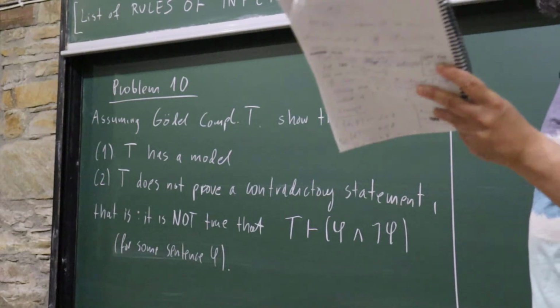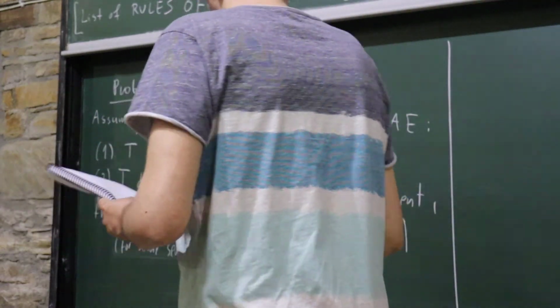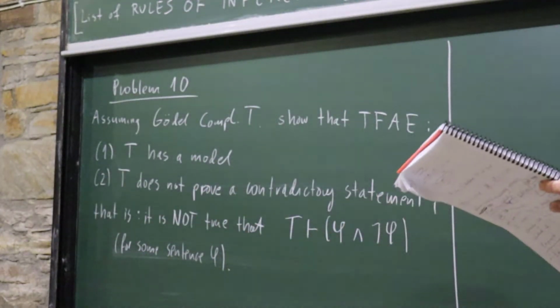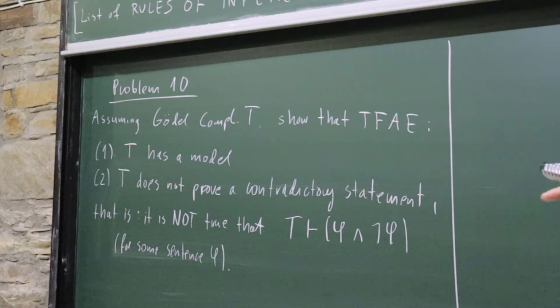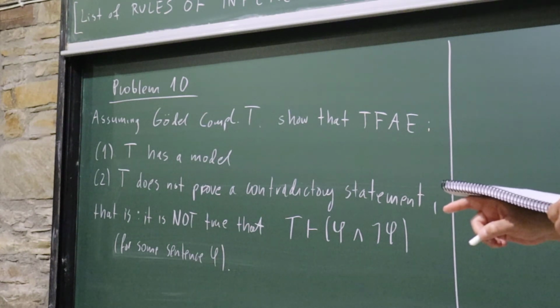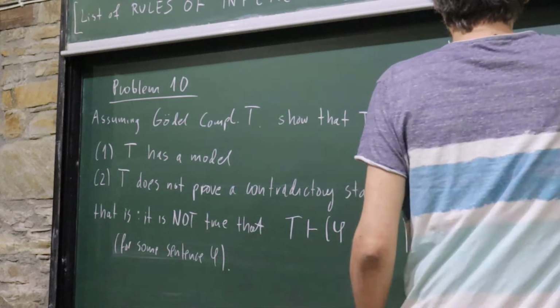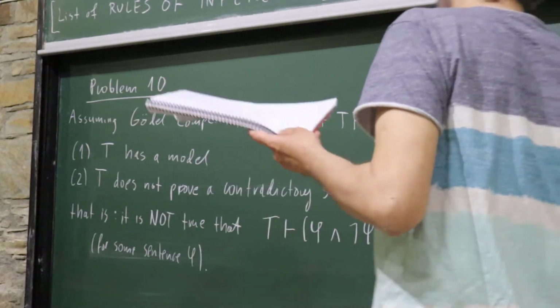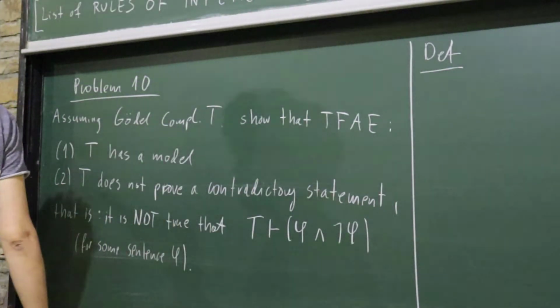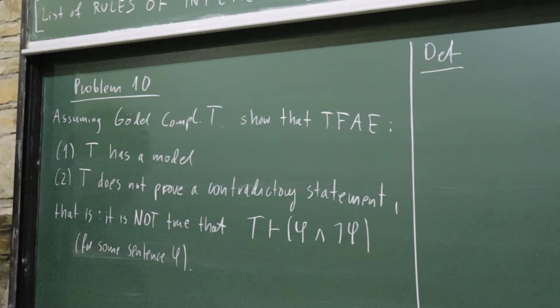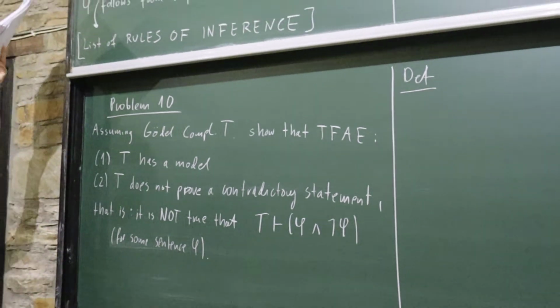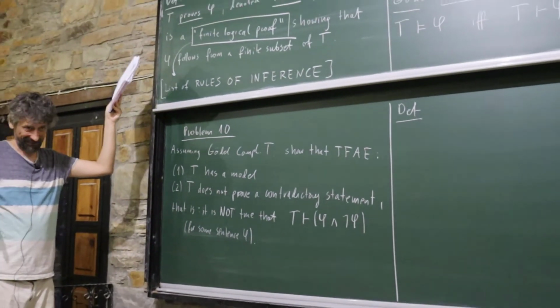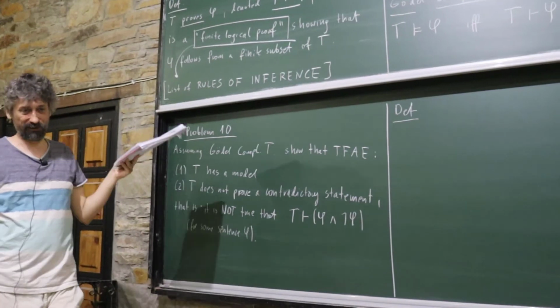So this is a problem which is very easy, and it does not use the compactness theorem, just the completeness theorem. Now, the definition. The compactness theorem was an equivalence between two statements about the existence of models.